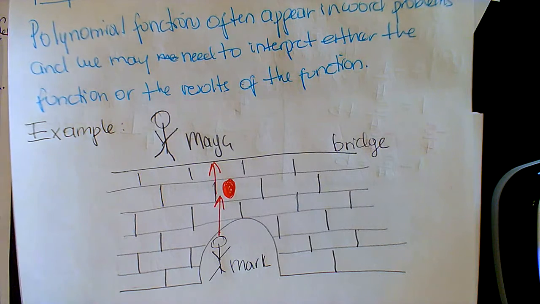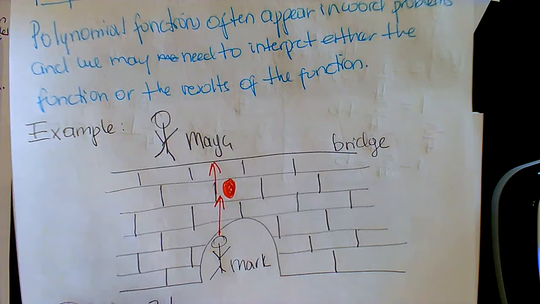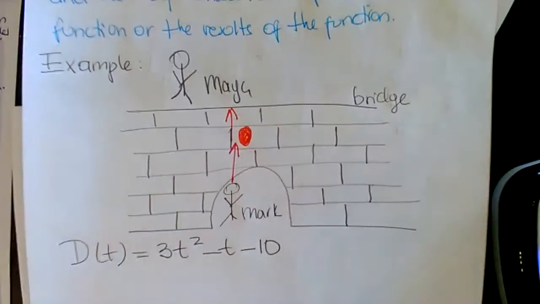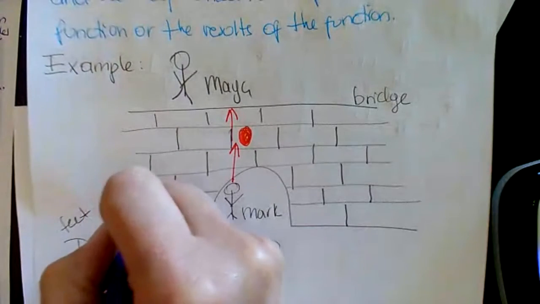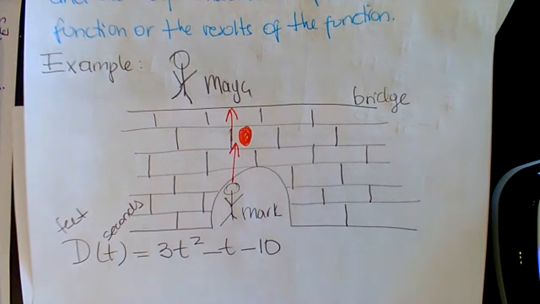And this is the equation. Distance is in feet. Time is in seconds. Okay?